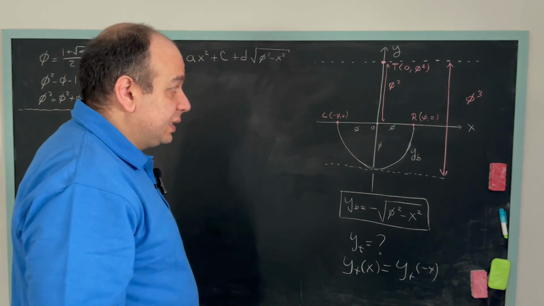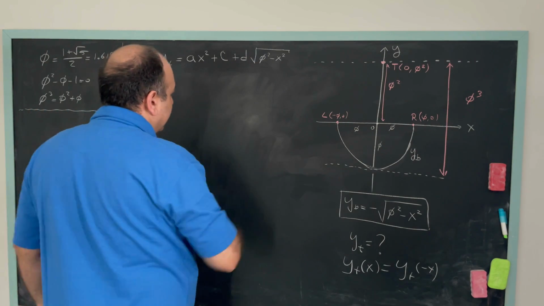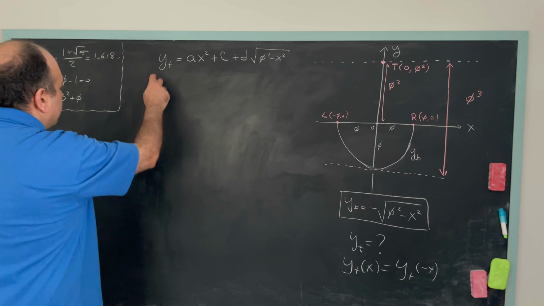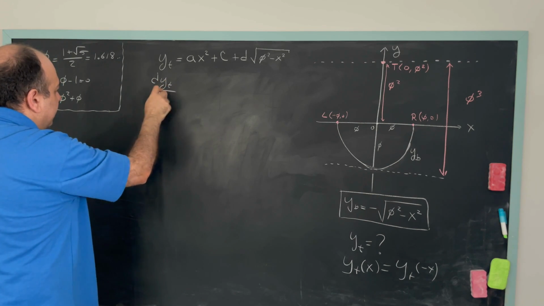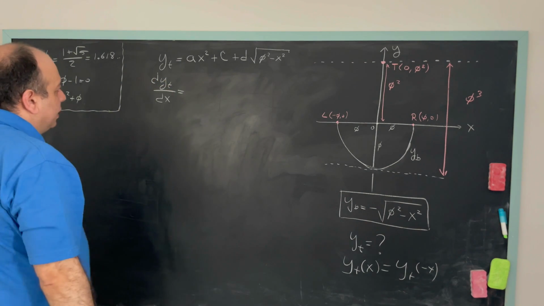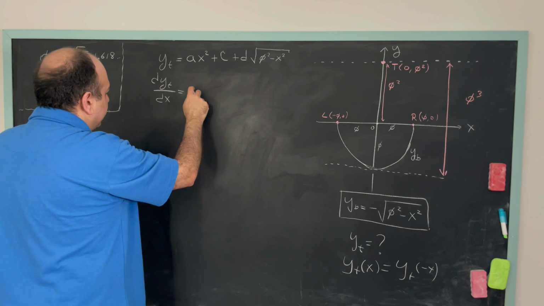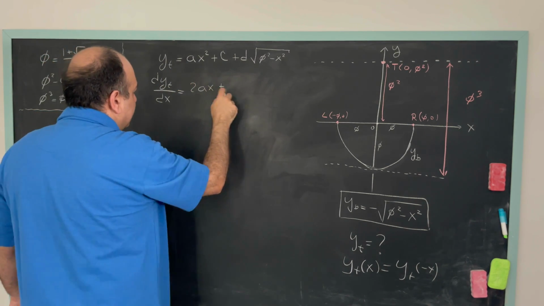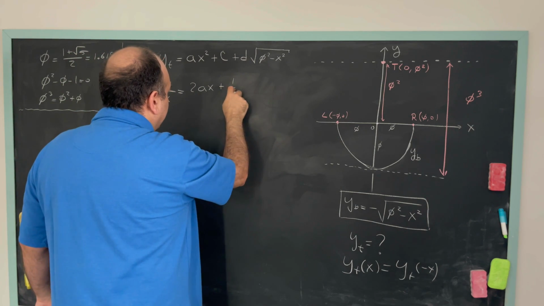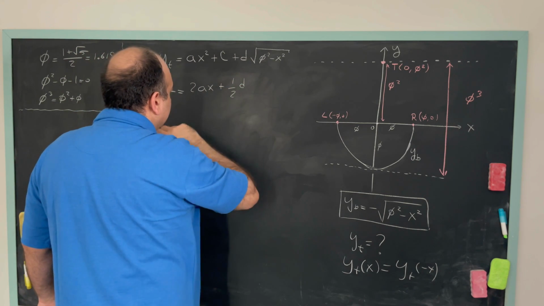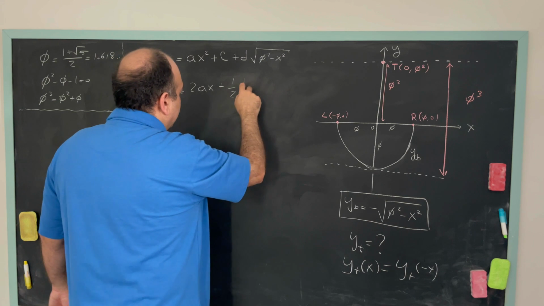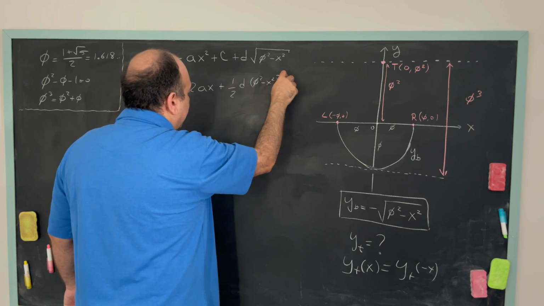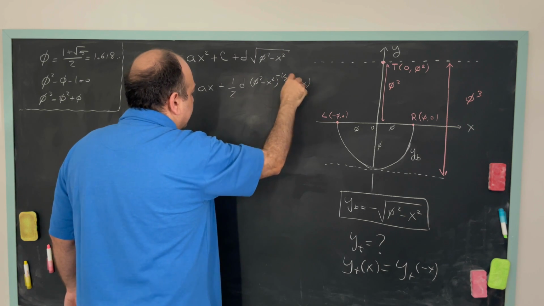Before that, let's check if this is going to give us a nice, smooth connection with the bottom function. In order to see that, we take the derivative with respect to x. Okay, so what we see here is 2ax plus 1/2 d times phi squared minus x squared to the power minus 1/2 times minus 2x.